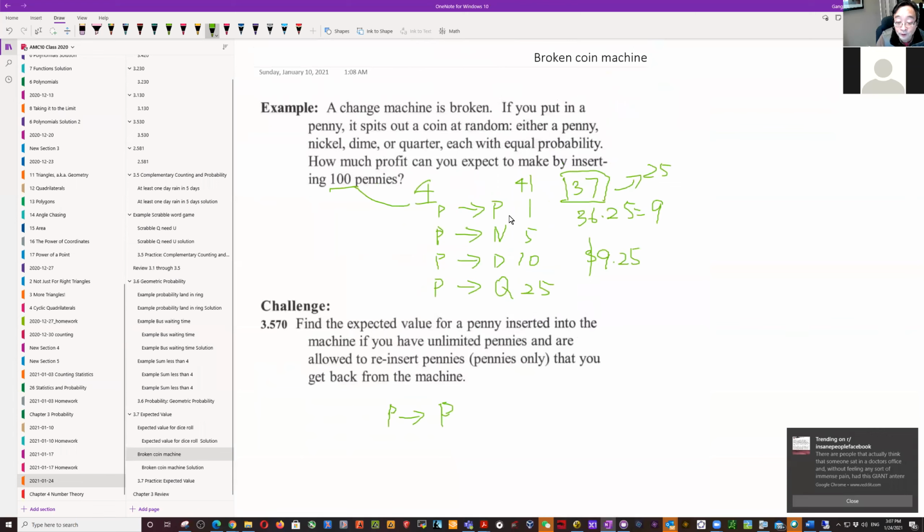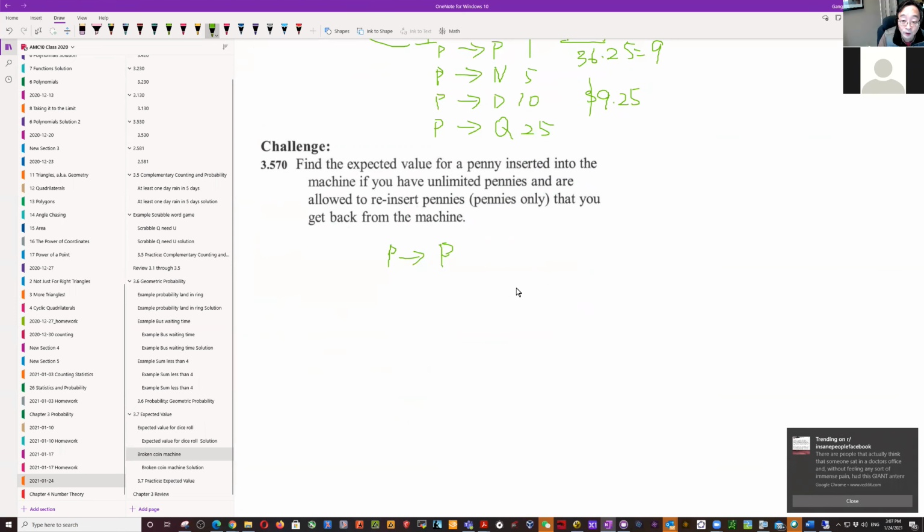So the journey of each penny is that, in the end, it is going to turn into a nickel, dime, or a quarter. This is a simplified model. Instead of 4 equal chance results, you actually eventually reach 3 equal chance results. So penny goes to nickel, dime, or quarter. That's 5, 10, and 25.